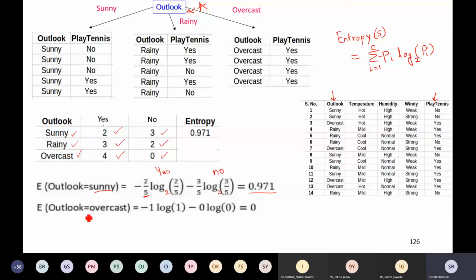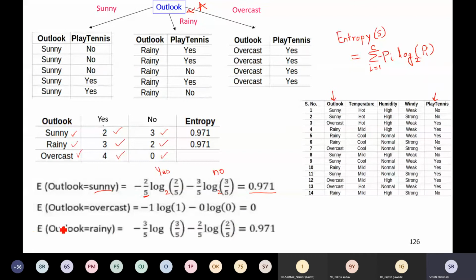Similarly, we are going to compute the entropy for outlook equal to overcast. Here, once again, how many samples do we have for class yes? 4 samples, so 4 divided by the total number of samples 4. So minus 1 log 1 minus 0 log 0, which comes out to be 0.